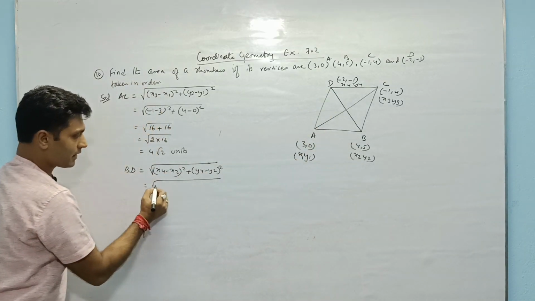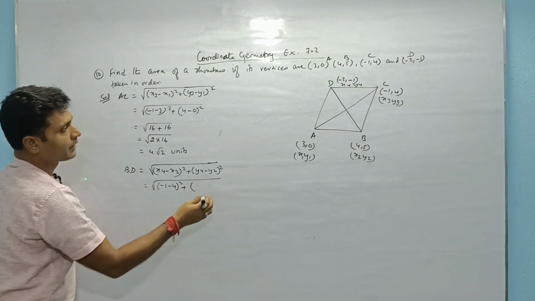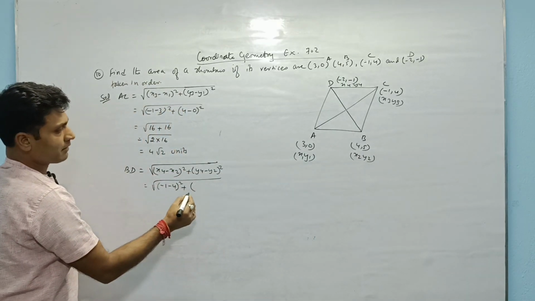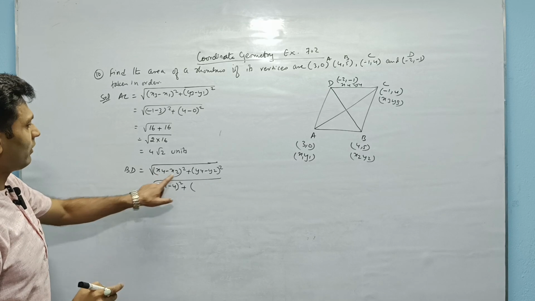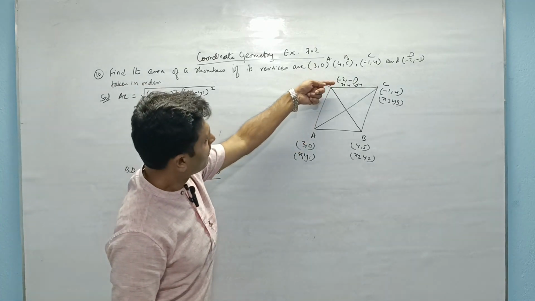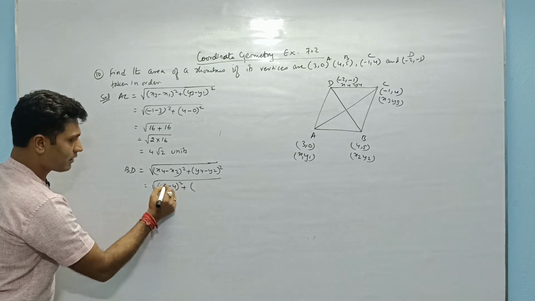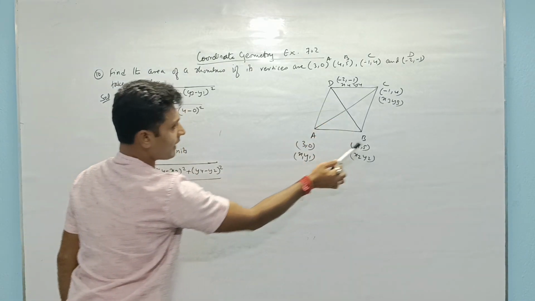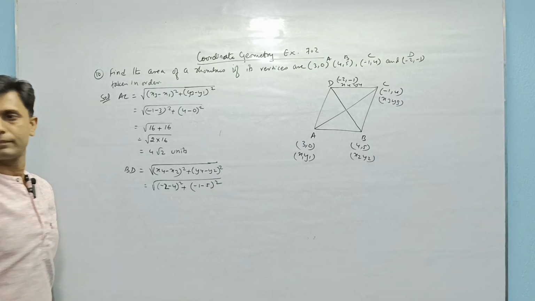I'm so sorry, just wait. This is -2 and -4 whole square and -1 and -5 whole square.